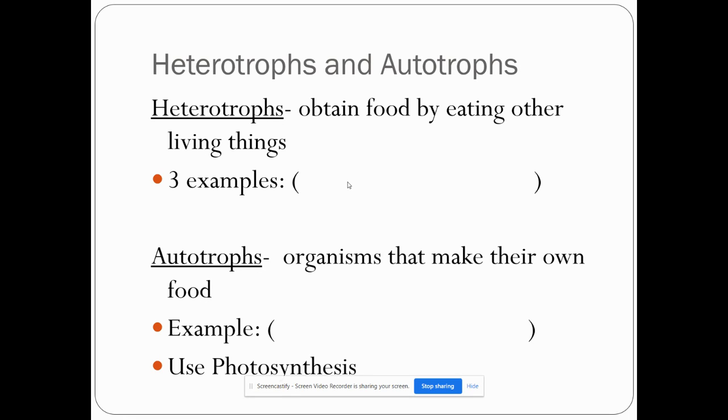An autotroph, by comparison, auto means, think of the word automatic. This is an organism that makes its own food. It doesn't ingest another living thing to get its energy. It makes its own energy through photosynthesis.